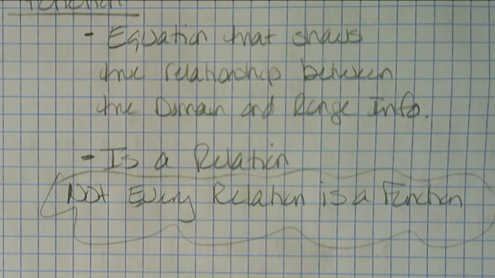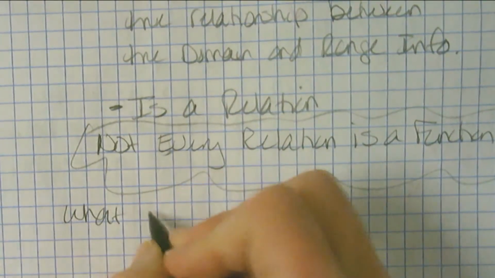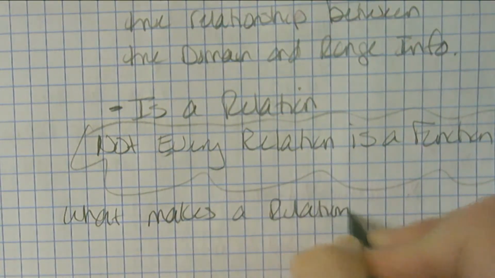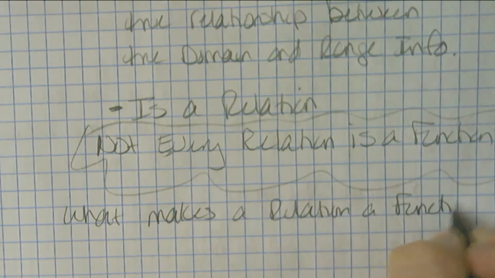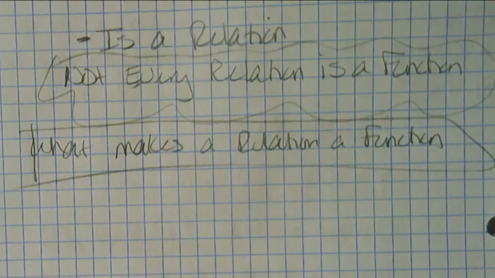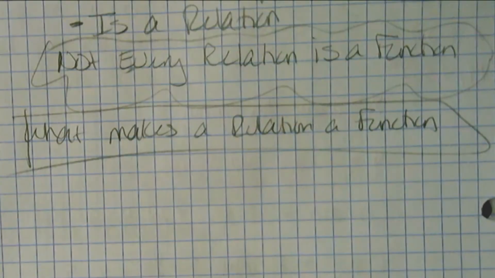So I need to know what makes a relation a function. All right, so let's figure out what makes a relation a function. And there's one thing only that makes a relation a function. We can see it in many different ways, but there's only one thing.